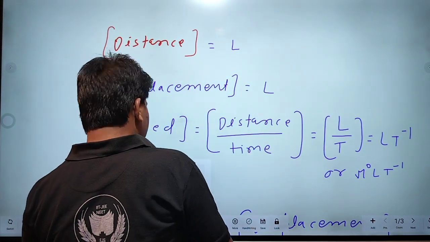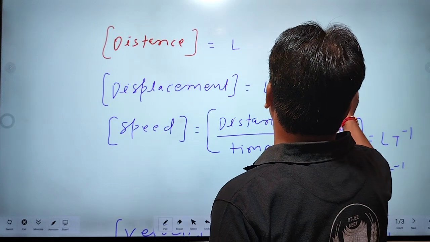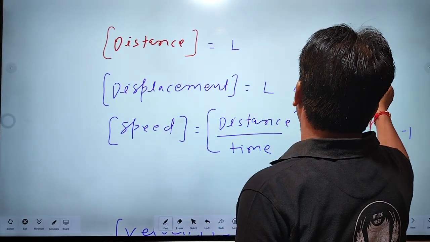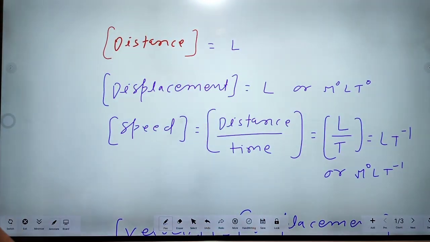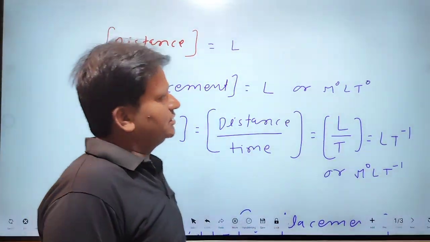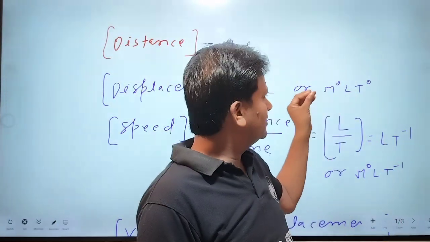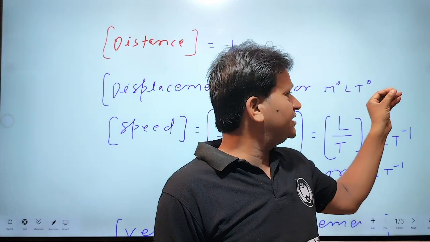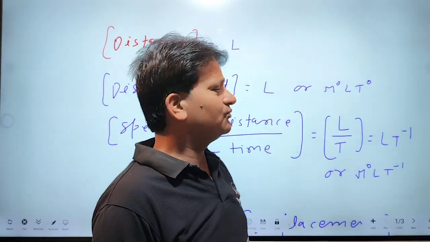You can write it also in the form of this, okay, because we know that if the power of any quantity is 0, then its value will be equal to 1.